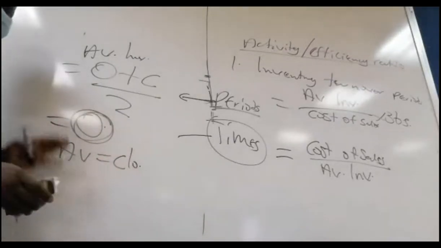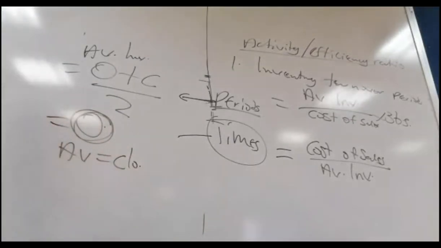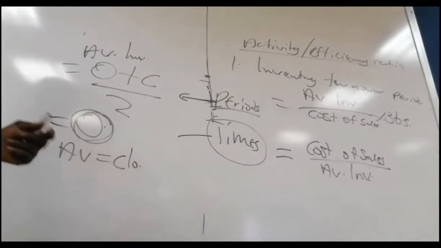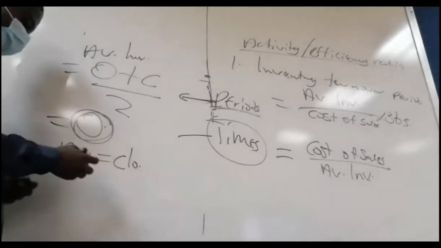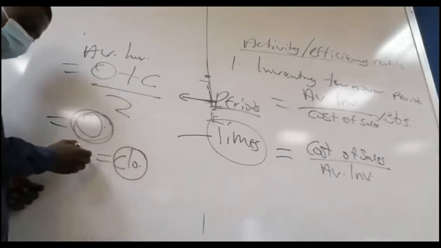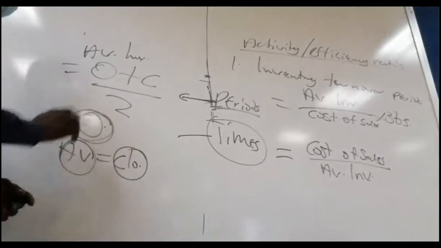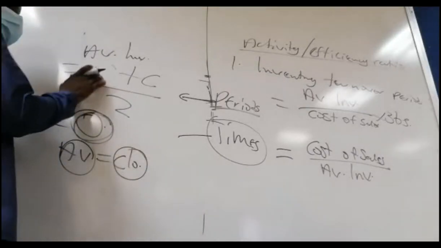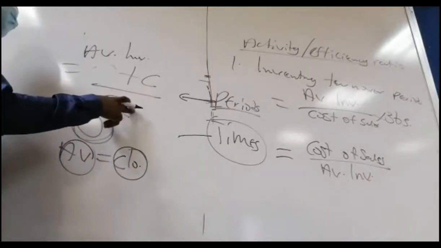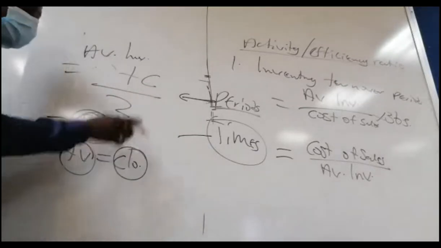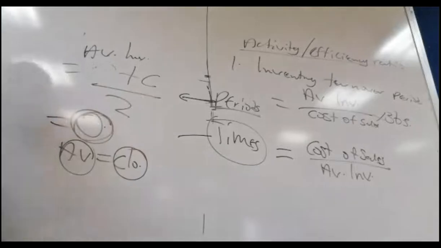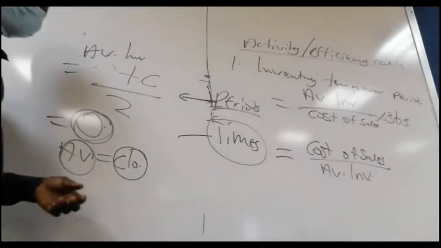So if the open inventory is not given, do not assume that it is what? 0. Instead, just pick the closing inventory as the average. That's all. If you assume it is 0, then you are going to divide the closing inventory by 2, which is wrong. So just pick the closing as the average. Now let's go back to the illustration.